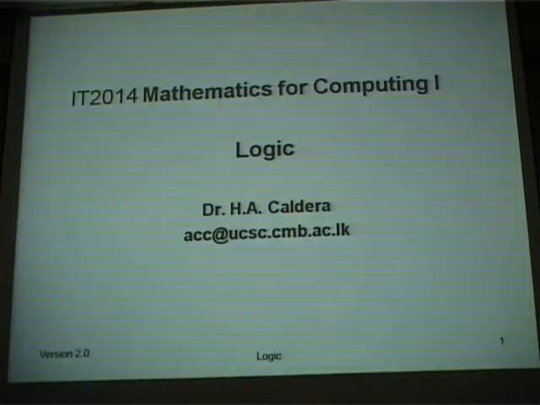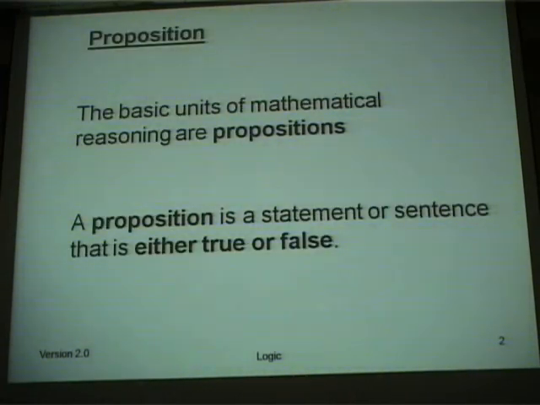So under this logic we learn just the casual logic, where we consider only the sentences which can have a true or false value. The proposition is a statement or sentence that is either true or false.